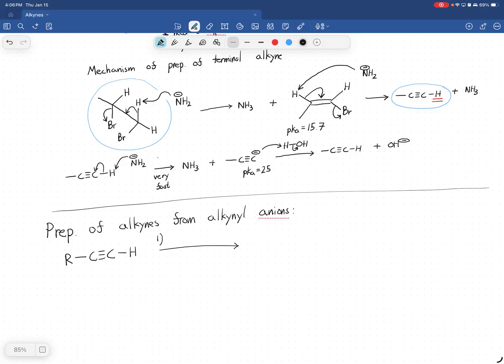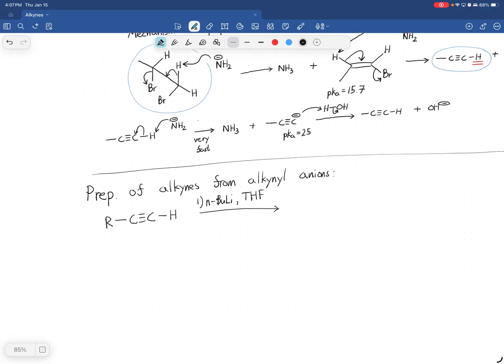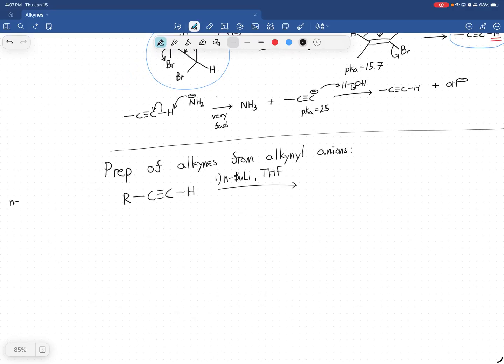So remember lithium reagents. They're also great bases, so we can use n-BuLi. So what this stands for is n-butyl lithium, okay? So n-butyl lithium, if I can write this on the side here, is this. Four carbon atoms. And a lithium reagent is bonded to lithium, so it's a pretty reactive reagent.